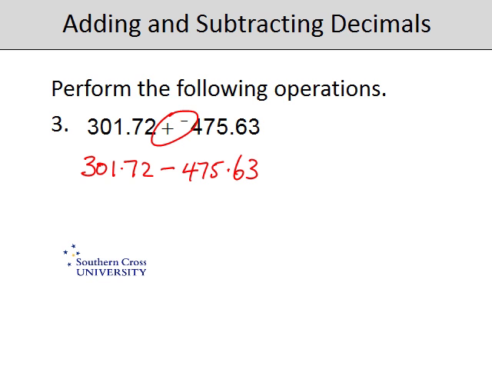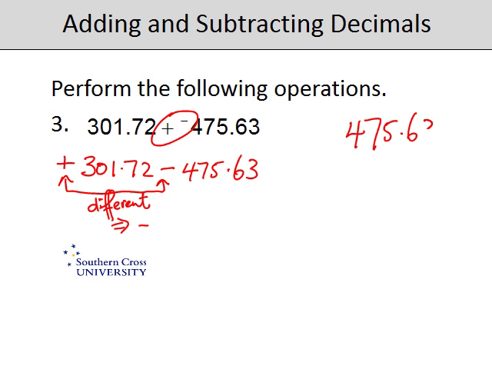Now, if we look at the signs that are in front here and here, well, it looks like there's none in front of the 301, but there's effectively a positive sign, so those signs are different. So because they're different, we'll need to subtract. And you can only ever subtract if you put the largest number on top and the other number underneath.